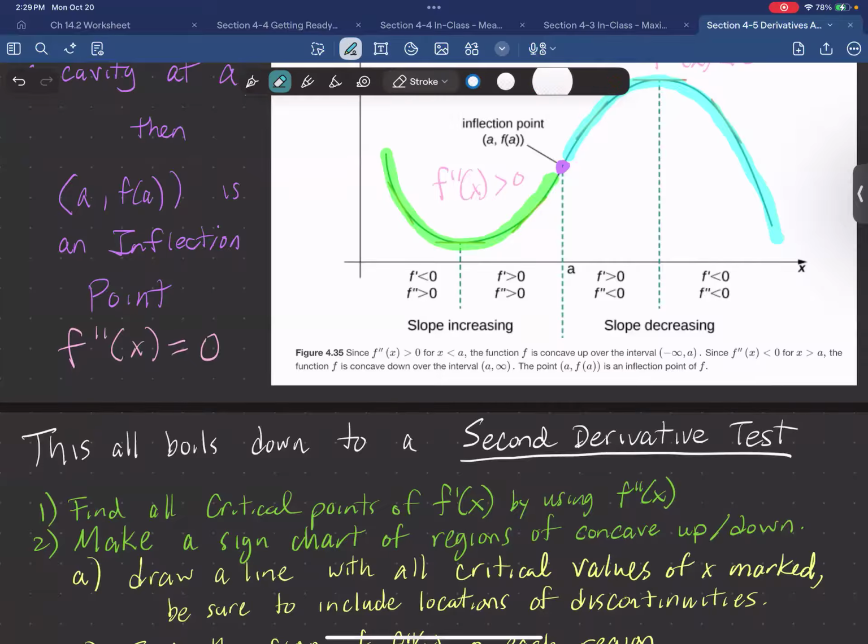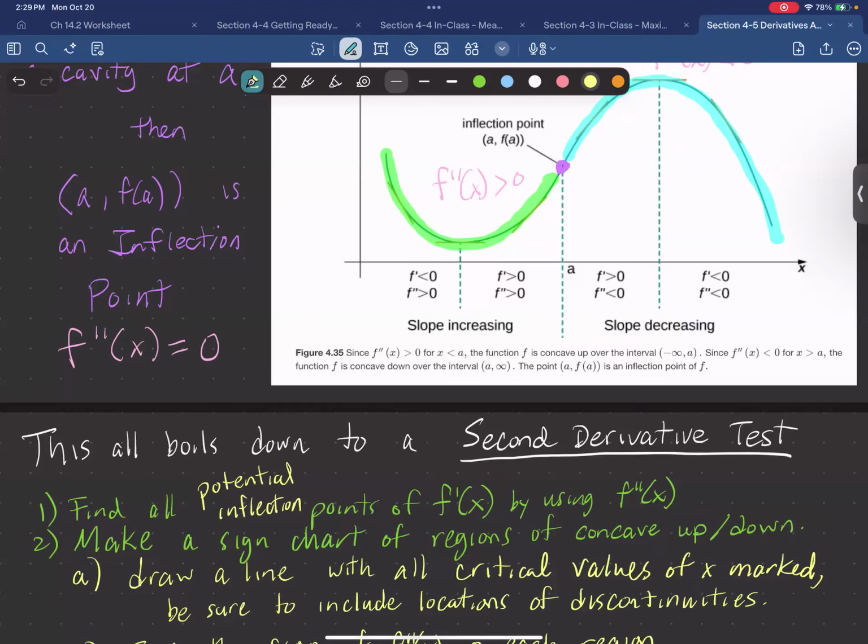So maybe I should change this and not call it critical points, but potential inflection points. Then we're going to make a sign chart of the regions. Last time we did increasing and decreasing. Now we're going to look at regions where it's concave up or concave down.